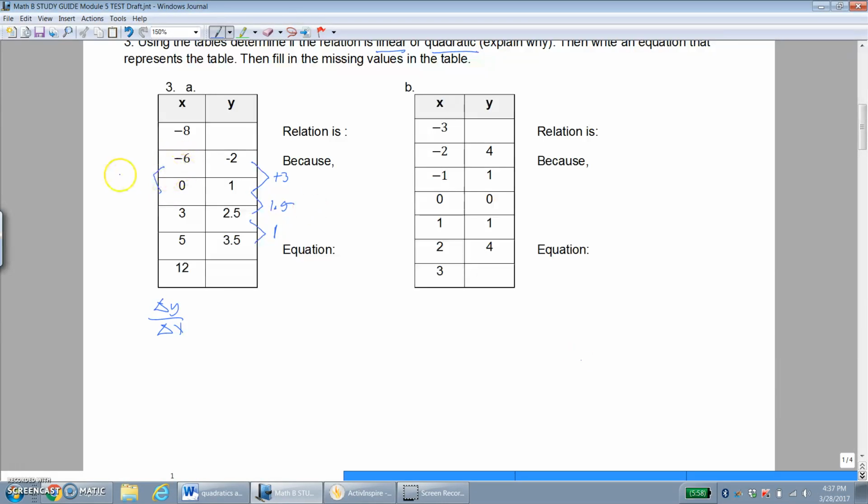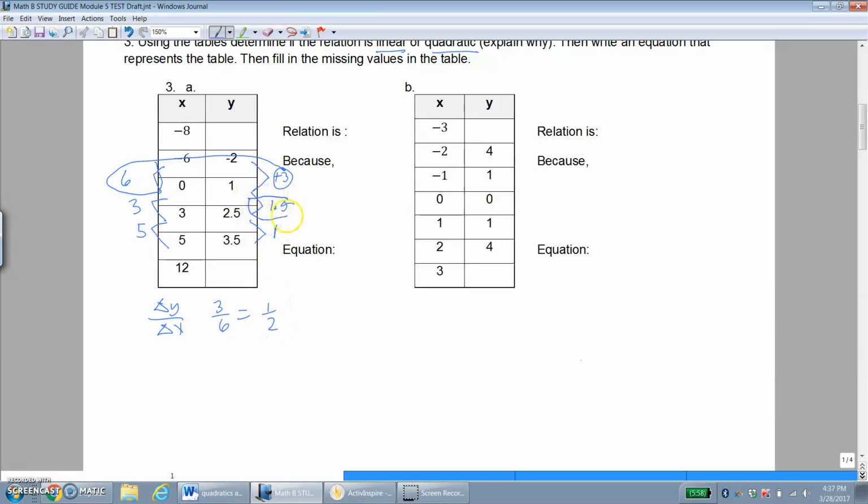The change from -6 to 0 is 6. The change from 0 to 3 is 3. The change from 3 to 5 is 5. So now remember, you need to put these over each other. If I have 3 over 6, which is the change in y over the change in x, I would get 1/2.